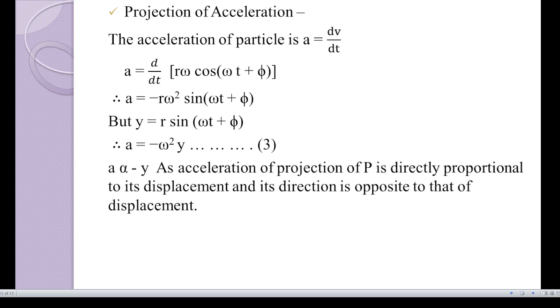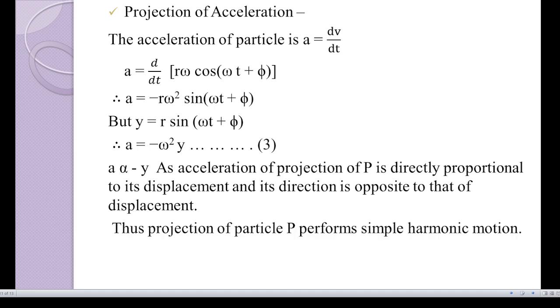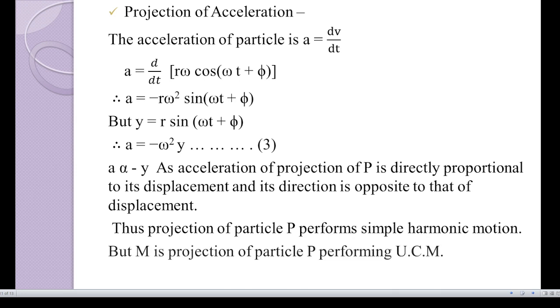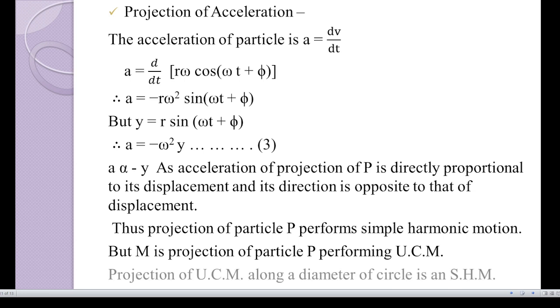As we know that omega is constant, therefore acceleration is directly proportional to the displacement. The negative sign indicates that acceleration is directed toward the mean position. The projection M of particle P performs simple harmonic motion. But M is the projection of particle P performing UCM. Therefore, it is concluded that the projection of UCM along a diameter of a circle is an SHM.